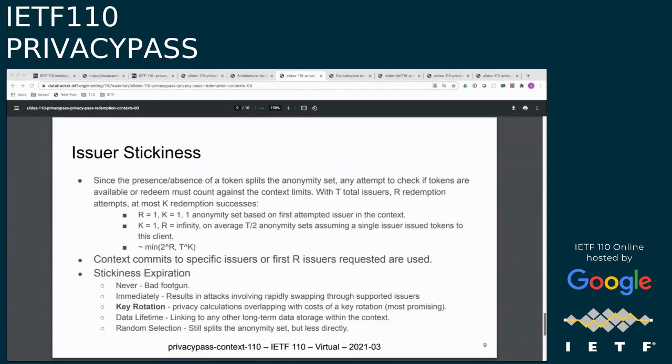Richard Barnes. Just wanted to briefly reiterate that even if we had a situation where the redeemer or the relying party had to be the issuer, so we had a one-to-one match, we would not have a centralized system. So this question of flexibility along that axis is independent from questions of centralization.